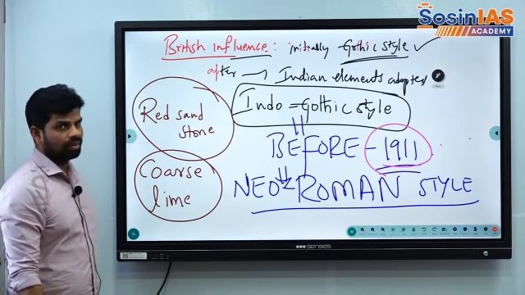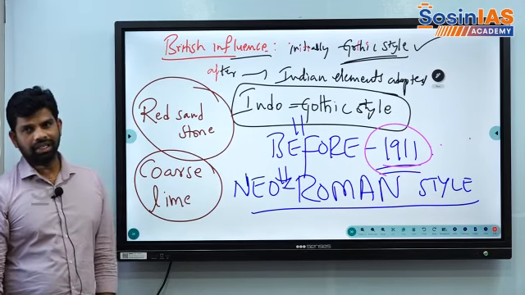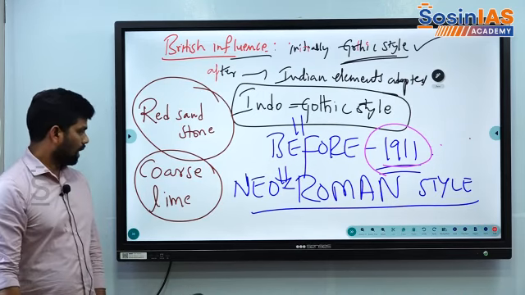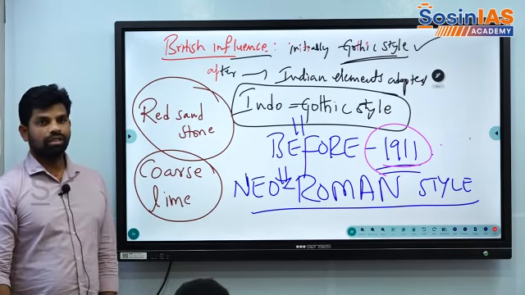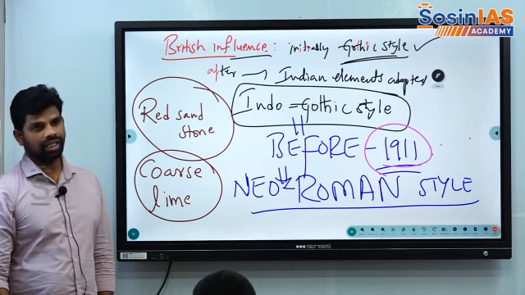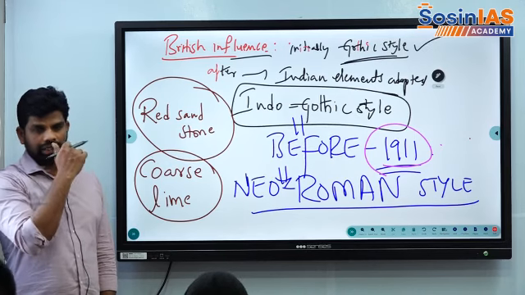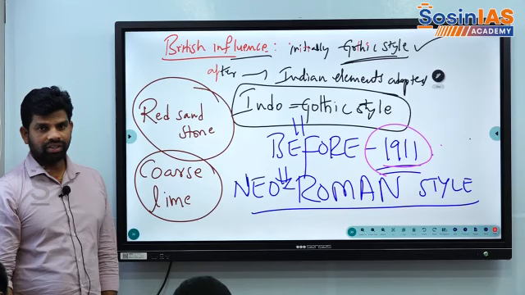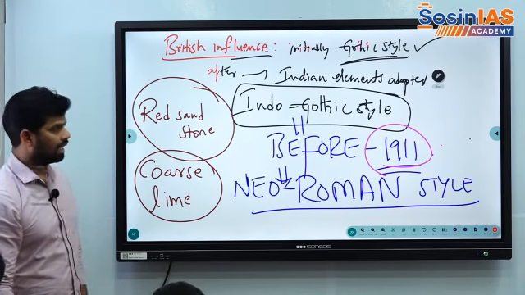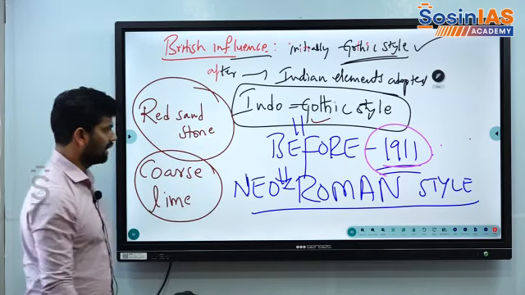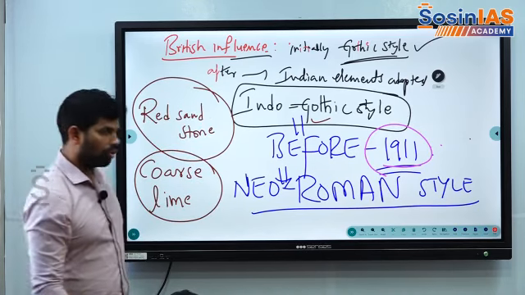These are the principal building materials for the British architecture in India. Their architecture is divided into two types: before 1911, known as Indo-Gothic style, and after 1911, known as Neo-Roman style.